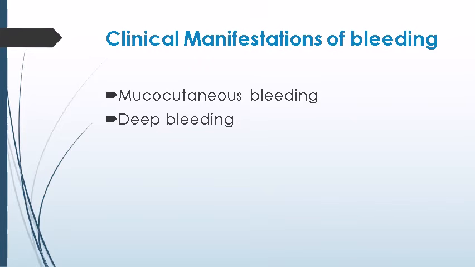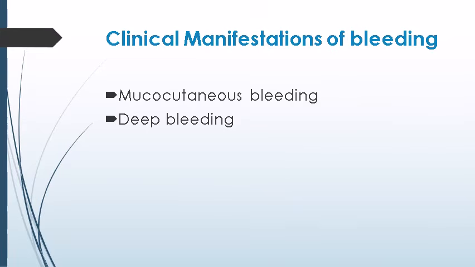Mucocutaneous bleeding usually refers to a defect in the primary hemostasis, which means a defect either in the blood vessels or in the platelets. While deep bleeding, bleeding into muscles, bleeding into joints, GIT bleeding, central nervous system bleeding, and post-operative bleeding after 24 hours, is usually due to a defect in secondary hemostasis, which means a defect in the coagulation system.